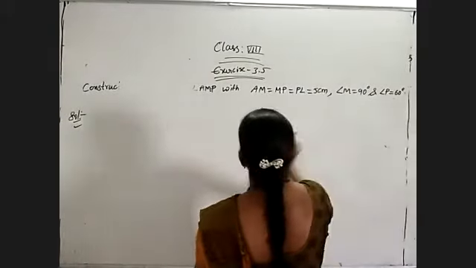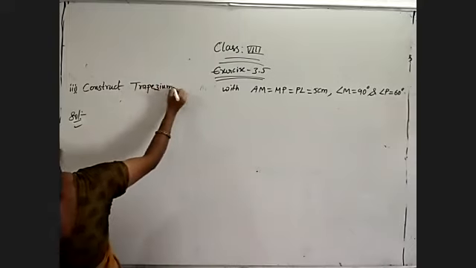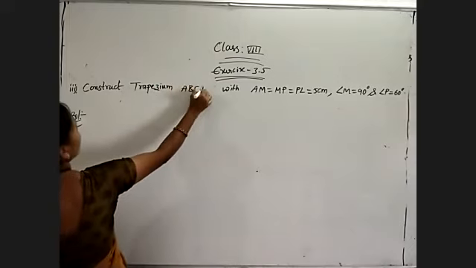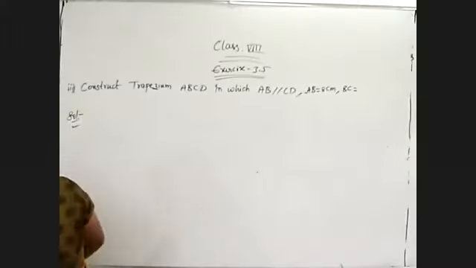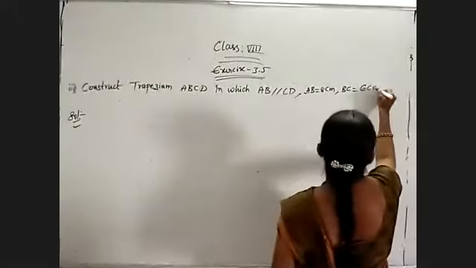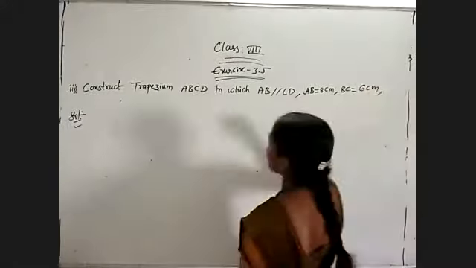Construct a trapezium ABCD in which AB is parallel to CD. That means the parallel lines are AB and CD. AB equal to 8 centimeters, BC equal to 6 centimeters, CD equal to 4 centimeters, and angle B equal to 60 degrees.